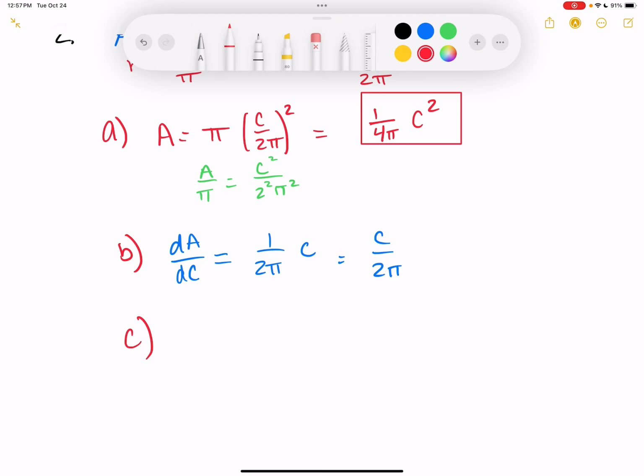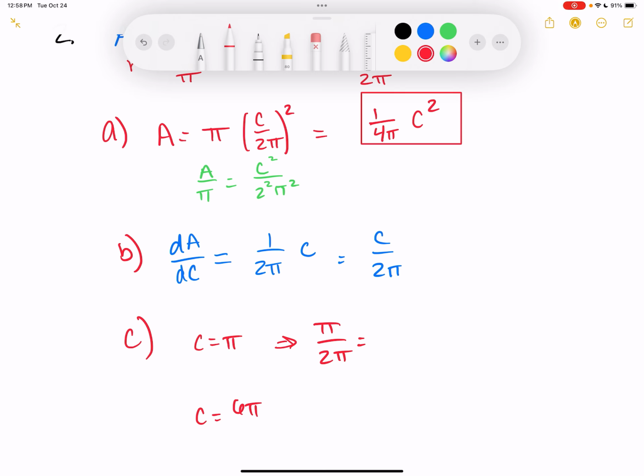All right, now, using that, evaluate the rate of change of A at C equals pi and C equals 6 pi. So now that we have the derivative, we just replace C with whatever value they want. So this is going to be pi over 2 pi, which is 1 over pi? Wait, hold on.